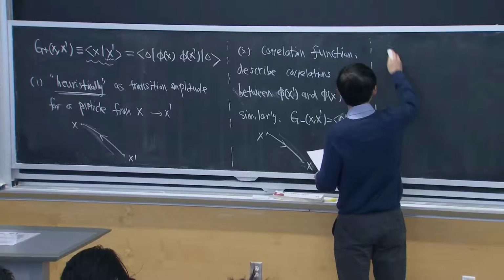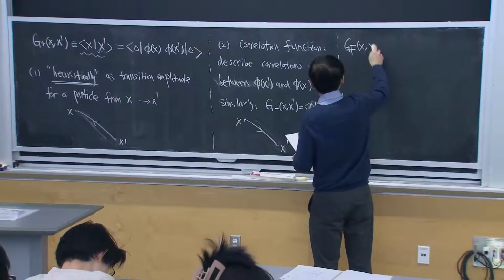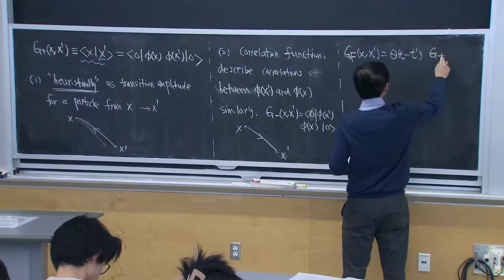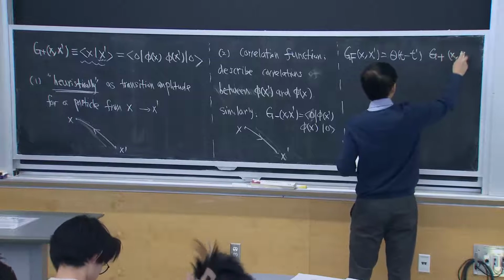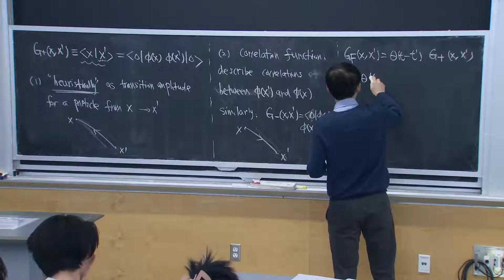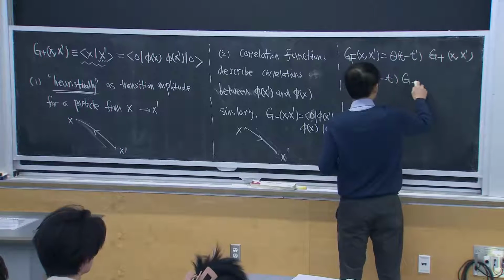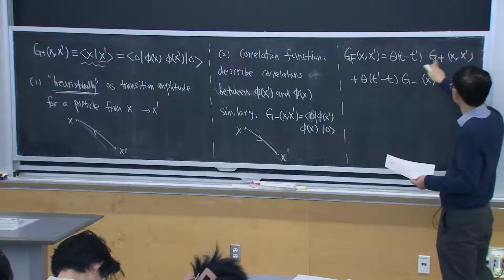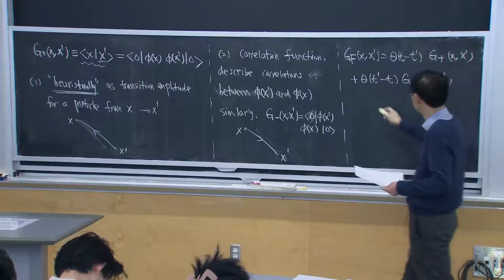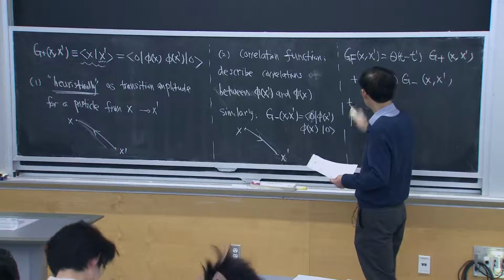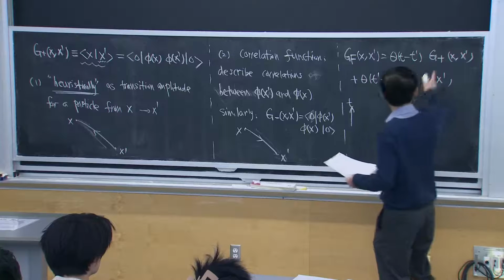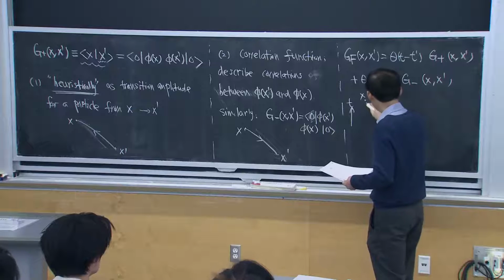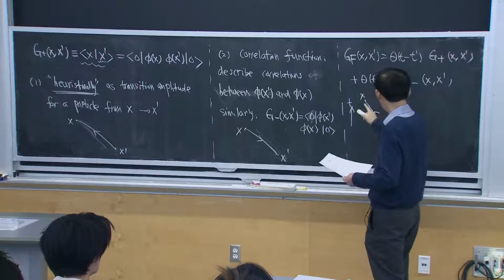For example, this Feynman propagator, which is theta of t minus t prime G plus plus theta of t prime minus t G minus, means that when t is greater than t prime, say if now let's take the direction of time going up, and x has a later time than x prime, then it describes the transition from x prime to x.